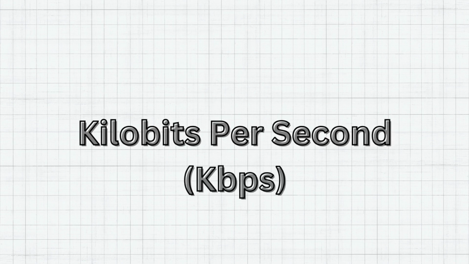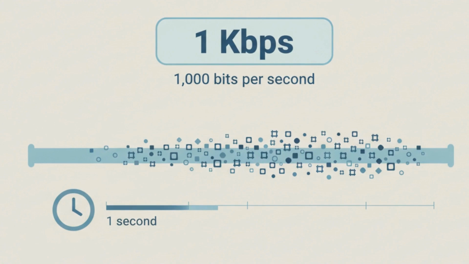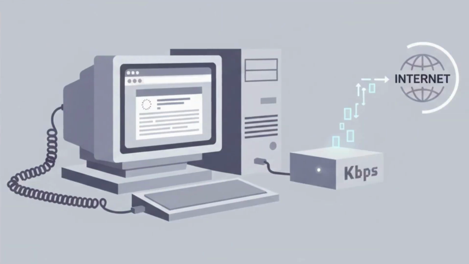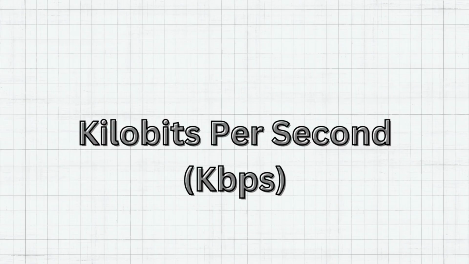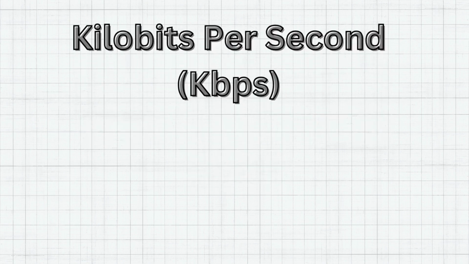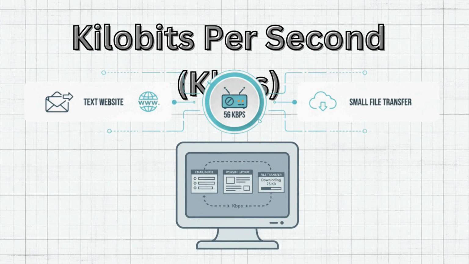Kilobits per second, or kbps. Kilobits per second, or kbps, represents 1,000 bits transferred every second. This was the first unit that made internet communication practical for everyday use. In the early days of the internet, speeds measured in kbps allowed people to send emails, load basic text-based websites, and exchange small files.